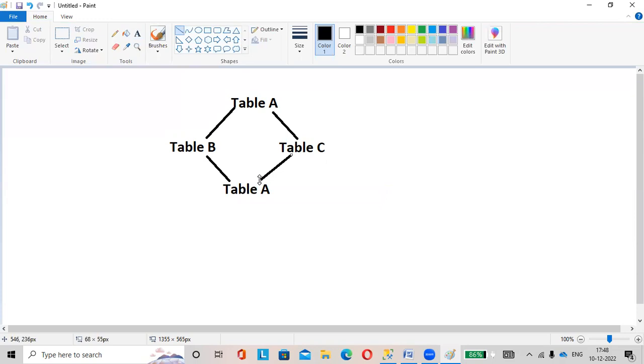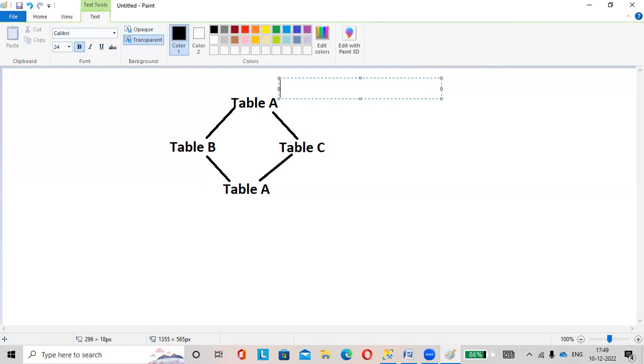What is the meaning of tuple, ma'am? Tuple is nothing but records. It should not add any record. It should not delete any record. Relation is also known as table. Relation or table with joint dependency.